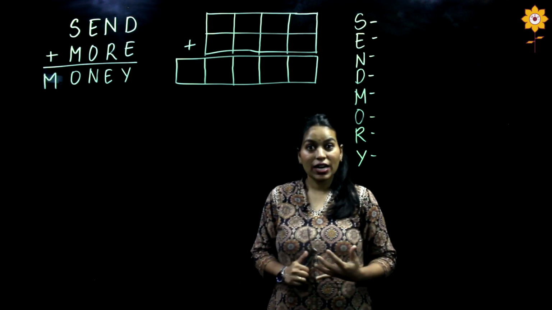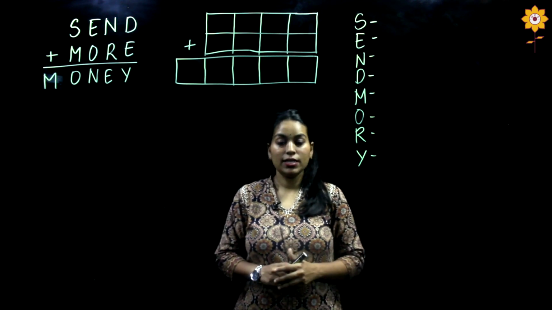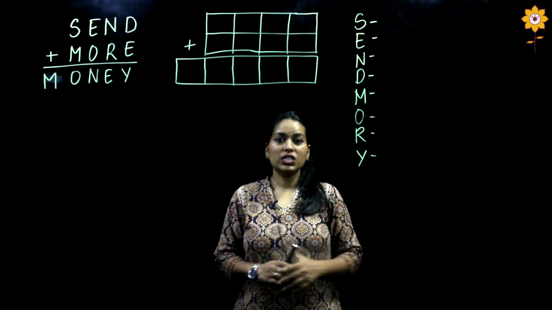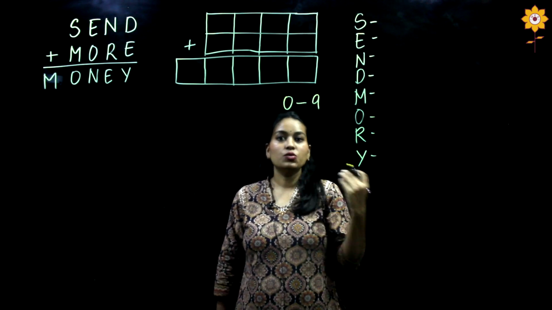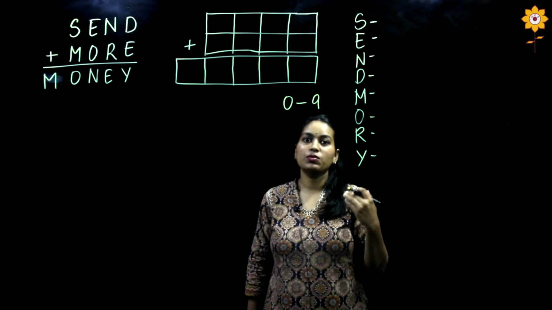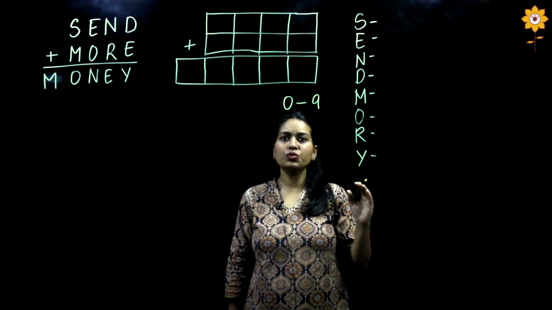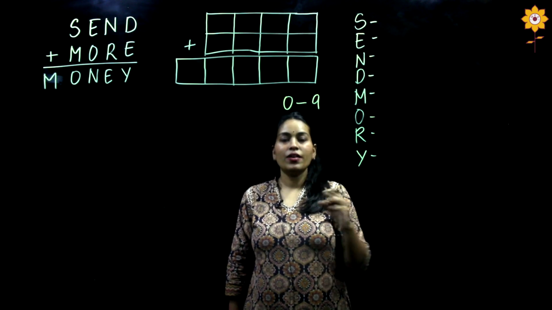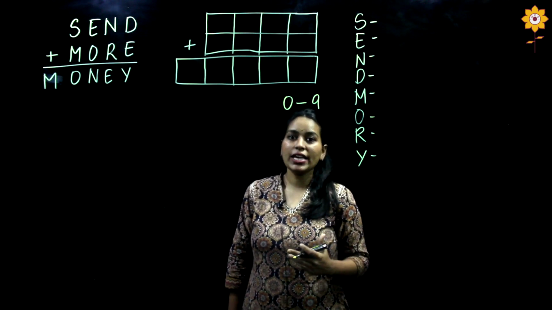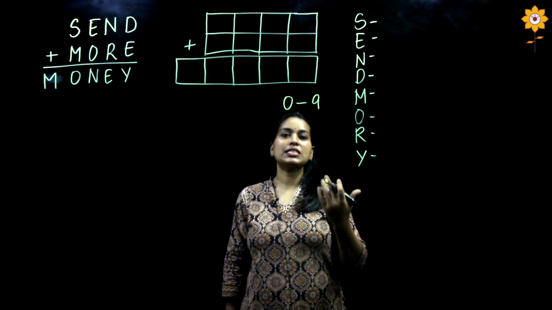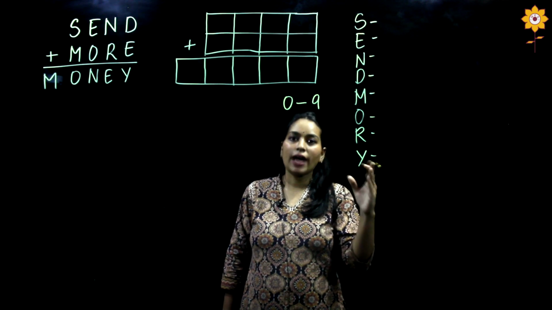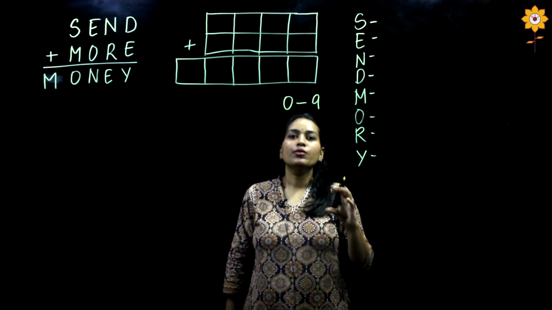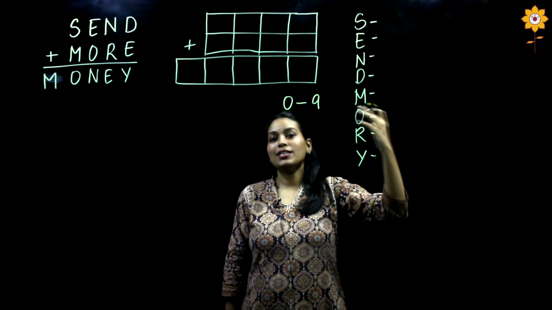The constraint that is given to us here is that we should use digits from 0 to 9, that is, we can assign values from 0 to 9 to the alphabets that we have, right? And the second constraint is that if we assign a particular digit from 0 to 9 to a particular alphabet, that value cannot be assigned to any other alphabet.